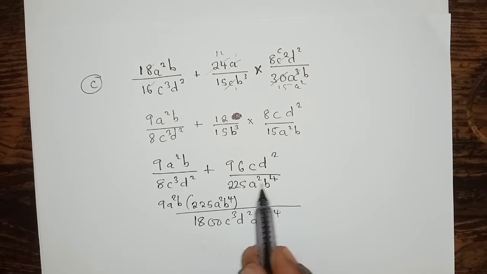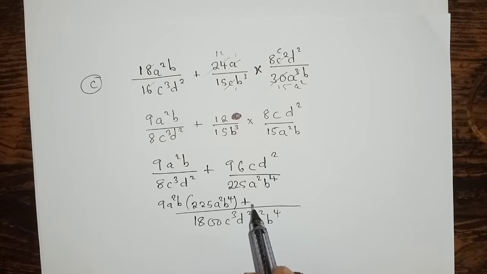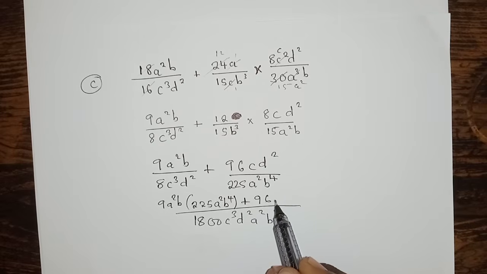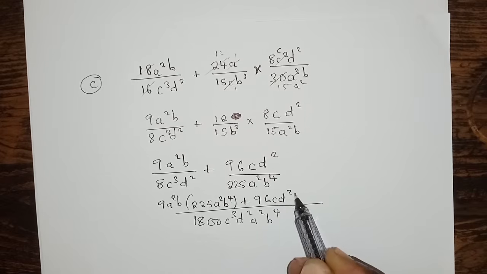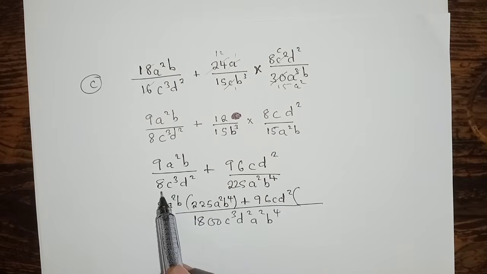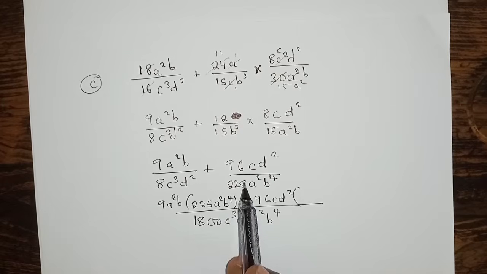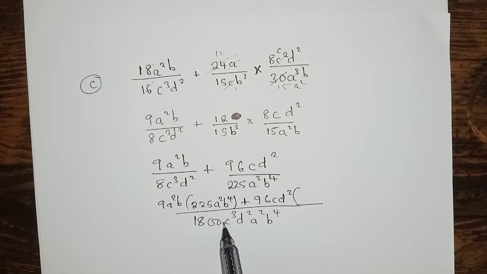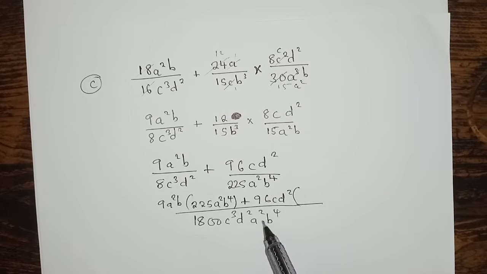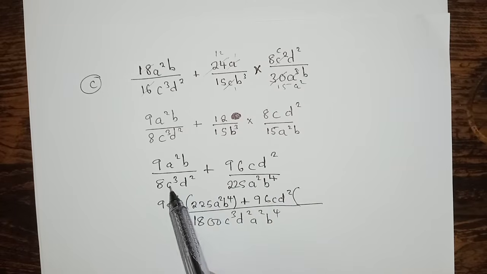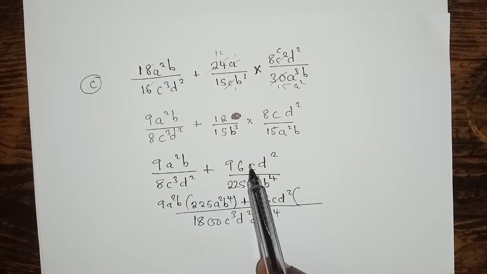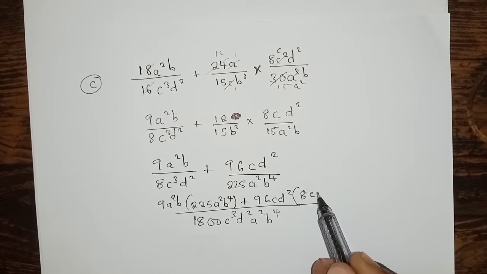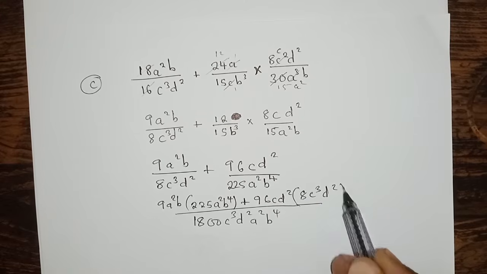In short, you just get this multiplied by what is here, plus this right here will remain with this. Meaning you get this multiplied by this, which is 8 C power 3 D power 2.